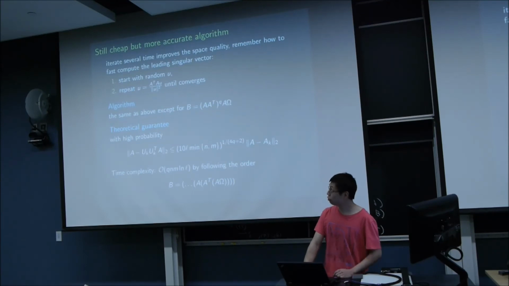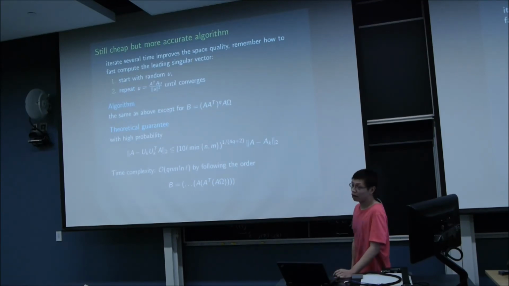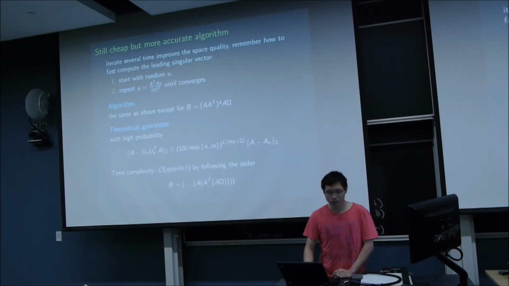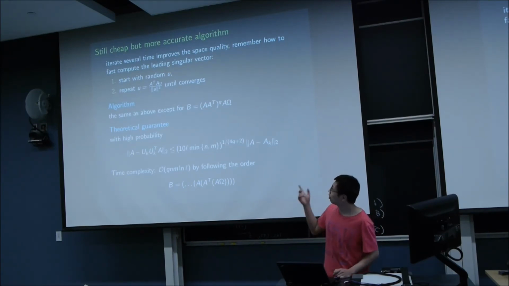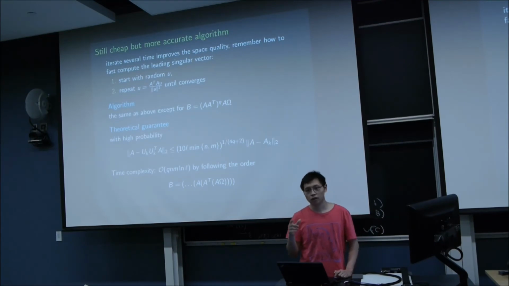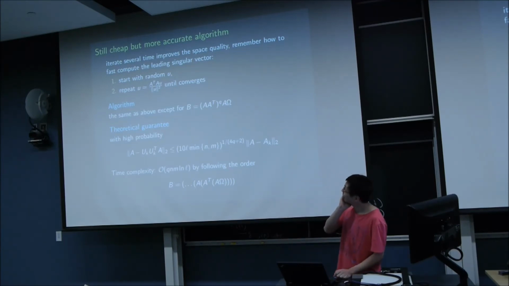Next we have a cheap but more accurate algorithm. The basic idea is the power of the matrix A, A to the power Q. You can iterate several times to improve the space quality.